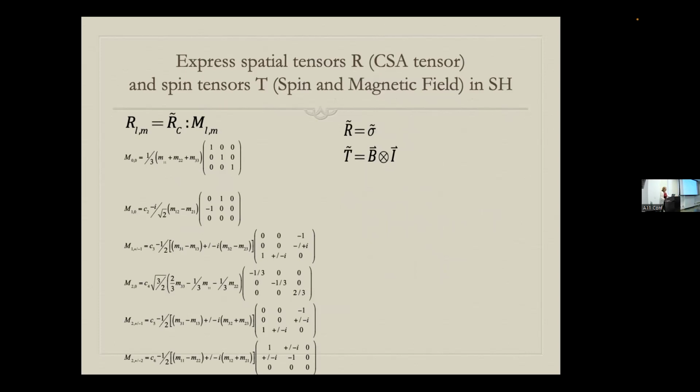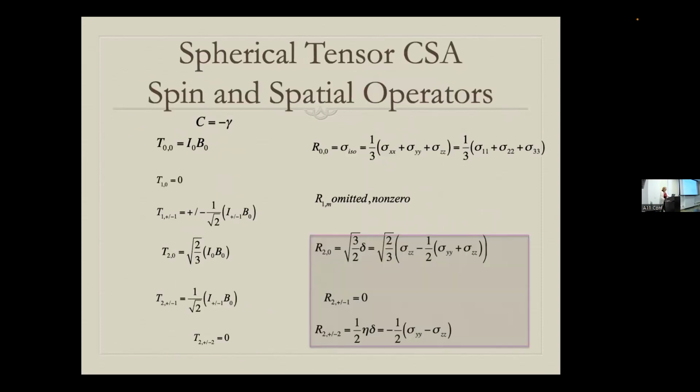So what are the actual values? This is something I already gave on an earlier slide. What about for the spin operators? What do those look like? I'm giving those to you here, and I think in the handout as well. So T00 is just isotropic shift, like what Art's been writing every week.